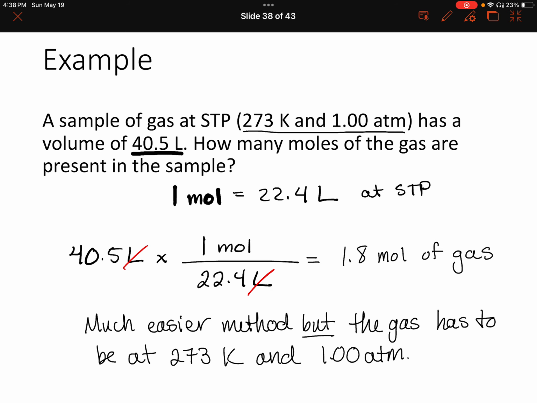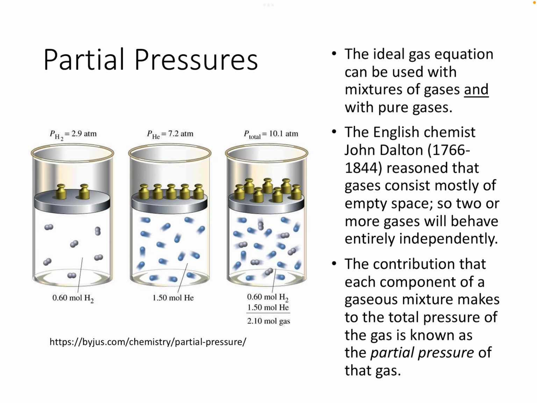Okay, one last thing, partial pressures. So what's really cool as well about gases is we can very easily calculate what the pressure of a mixture of gases is. Now, the ideal gas equation can be used with mixtures of gases and pure gases.